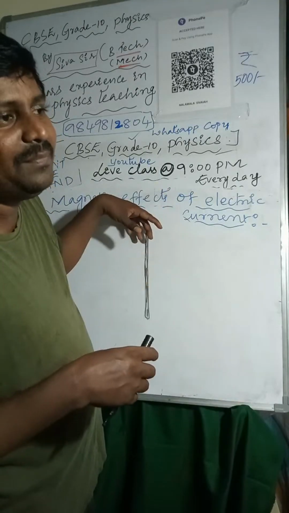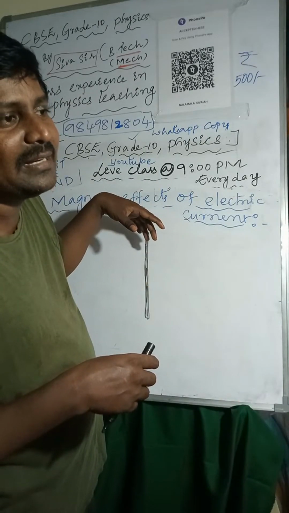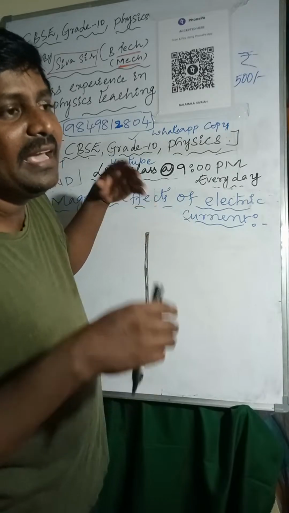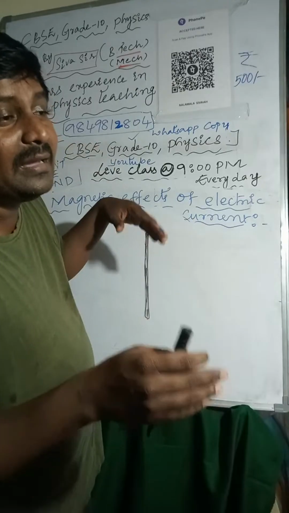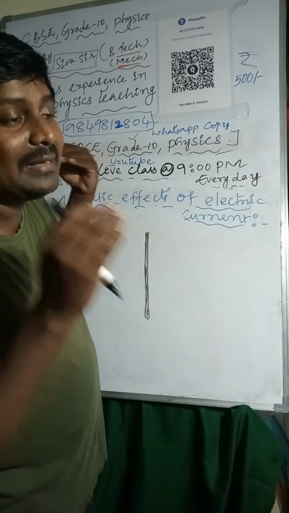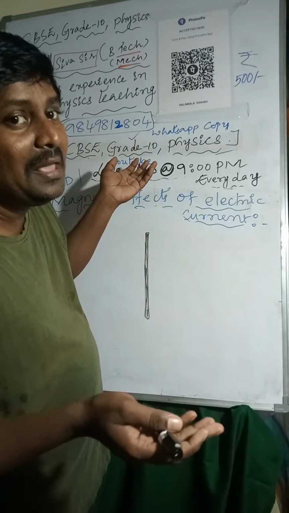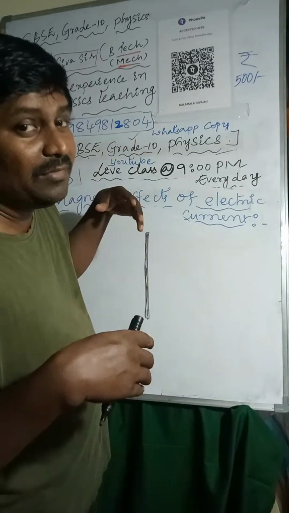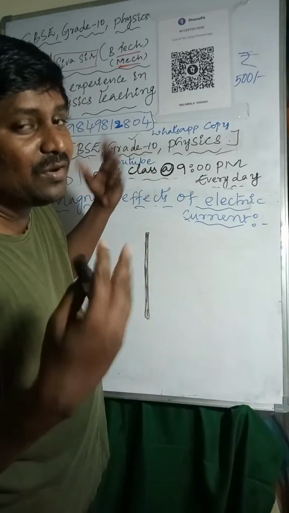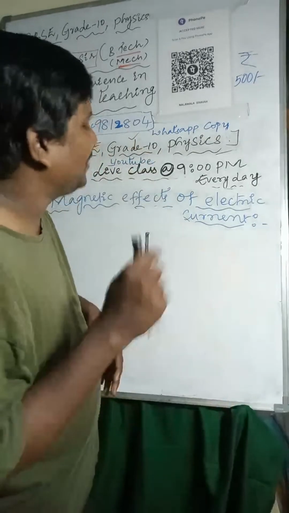Here also, if the current is passing through the conductor, it acts as a magnet. If the conductor is acting as a magnet, then a magnetic field will be there. Yes, the magnetic field will be there.